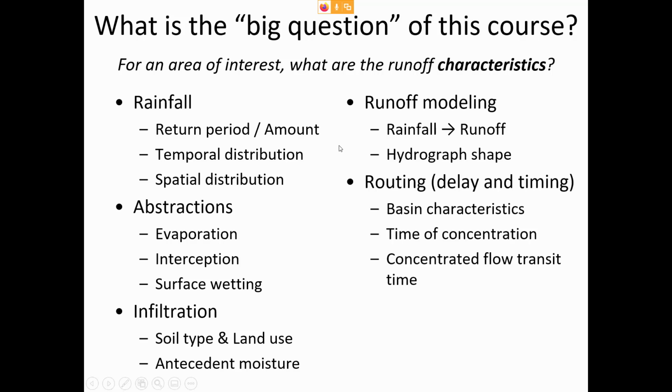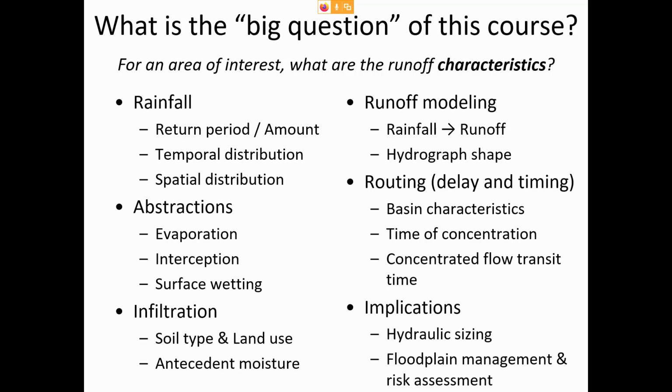And routing is the effect of water travel times, so the travel time it takes for water to be flowing over the surface, or if it begins to channelize, or if the flow is going through a stream. And then finally, using that data to do things like sizing culverts, sizing channels.